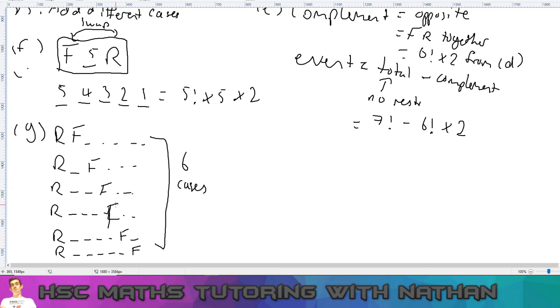So one technique I've shown you today is the complement. If there's too many cases, you look at the complement, because that will make life a lot easier. But the complement is F is to the right of R, I mean R is to the right of F. So that's going to look like that.